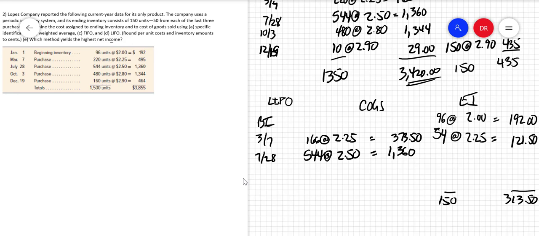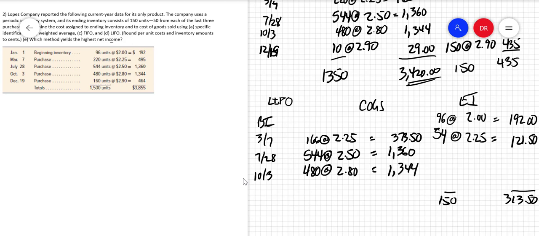On October 3rd, you have 480 at $2.80. That equals $1,344.